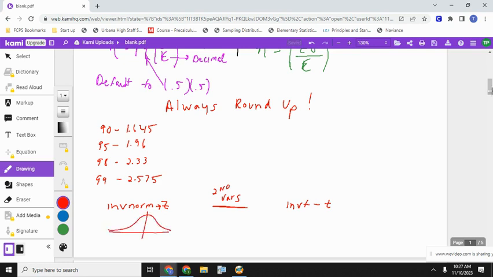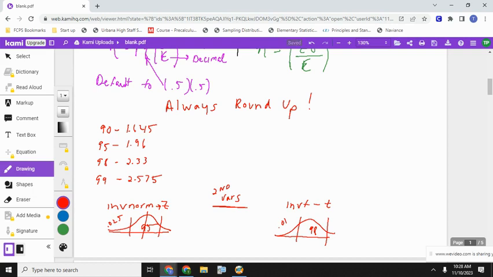The default is area to the left. So if you're doing a 95% confidence, your area to the left is 0.025. Over here, if you're doing a T, it's always area to the left. So if you're doing like a 98, you're going to do 0.01. Remember that the 83s do not have this, and you have to use the T chart.